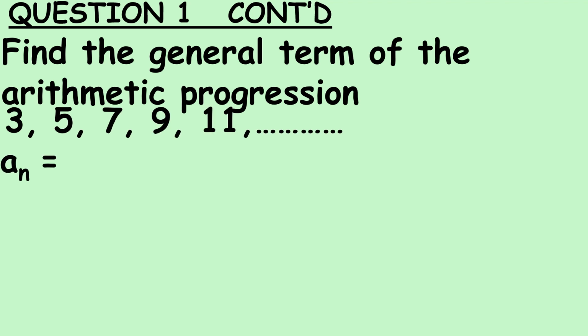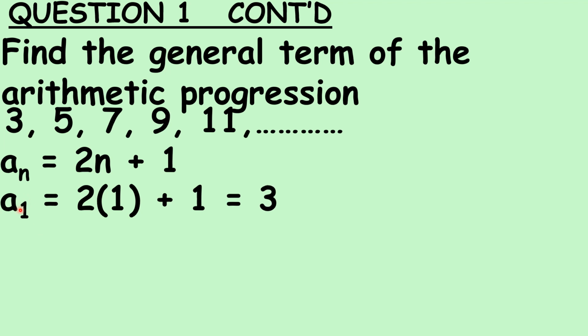This is the general term for this arithmetic progression, and what we have is a_n is equal to 2n plus 1. So let's test it. Now let's say n is 1. Anywhere you see n, you put 1. So 2n means 2 times 1, plus 1. 2 times 1 is 2, 2 plus 1 is 3, and that shows us that our a1 is 3.